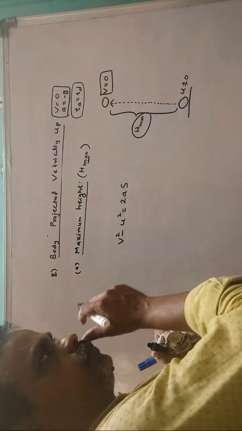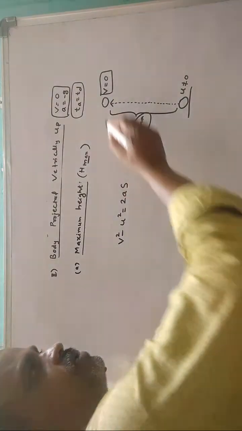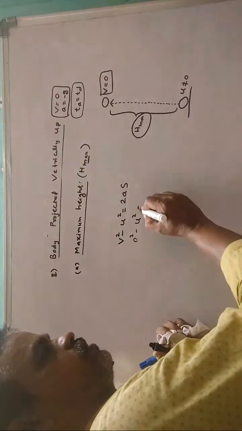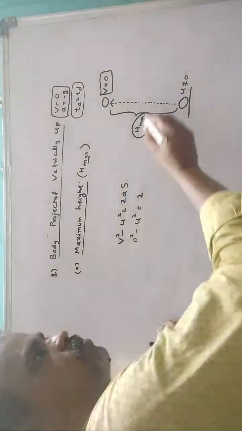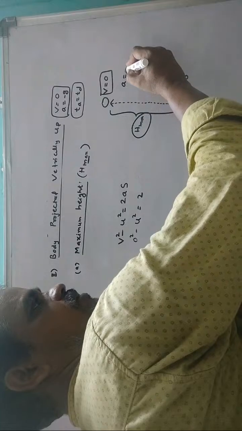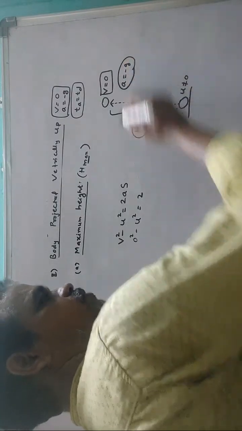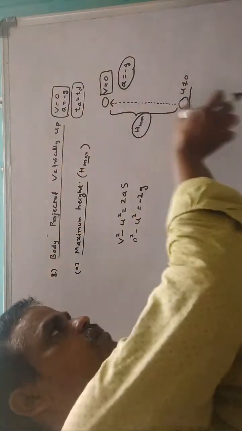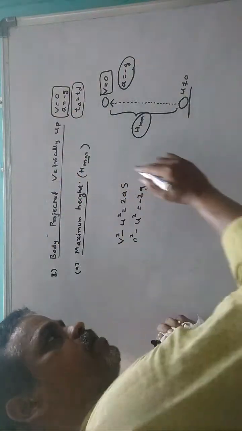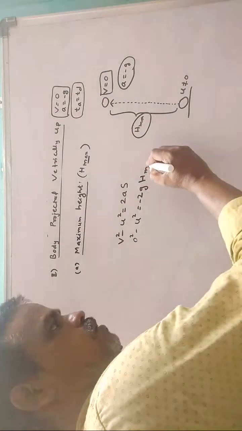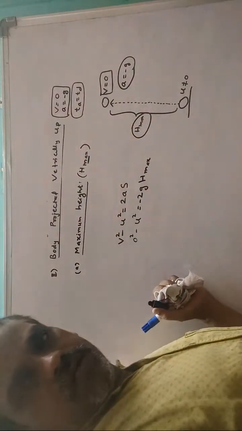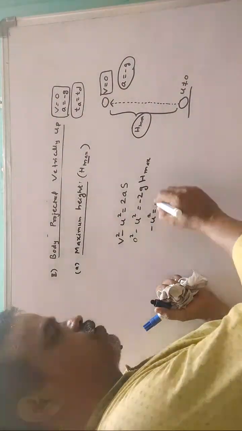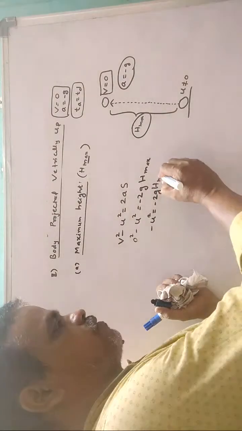Now for this case, v equal to 0, 0 square, u is not 0, u square, 2a, a equal to minus g since projected vertically up, s equal to h max, the displacement covered by the body to reach maximum height, that is h max. Is it? Okay. Minus u square equal to minus 2g h max.